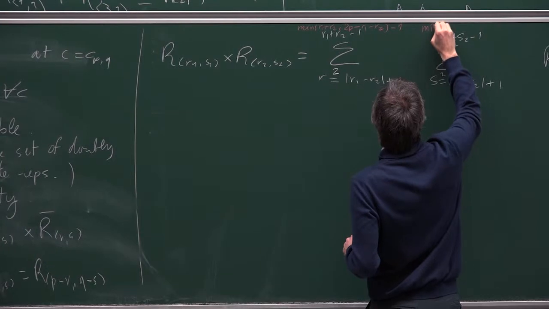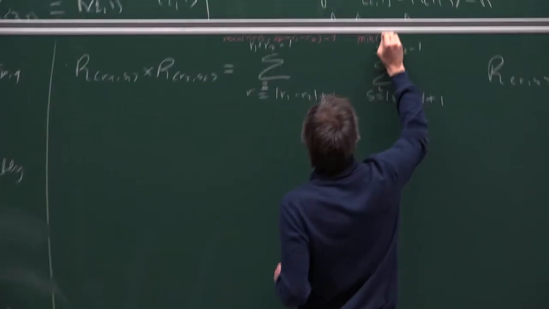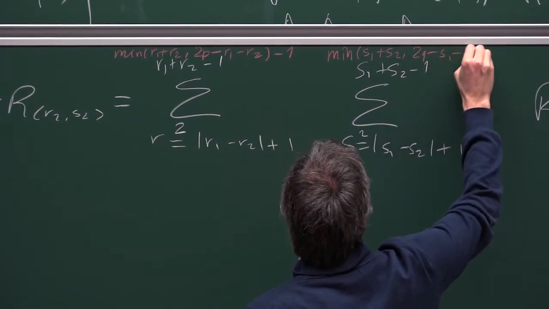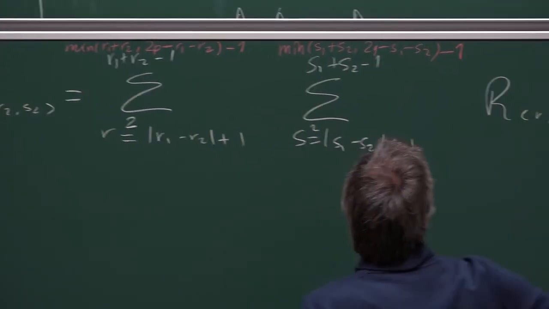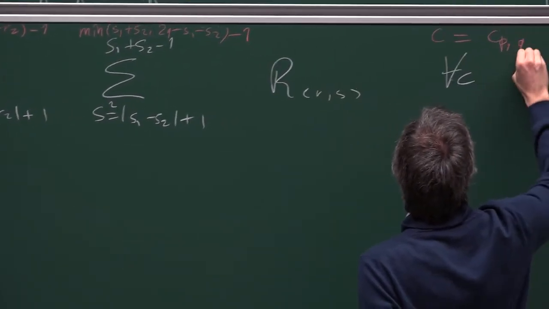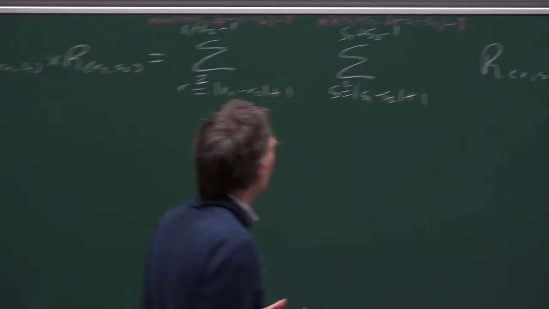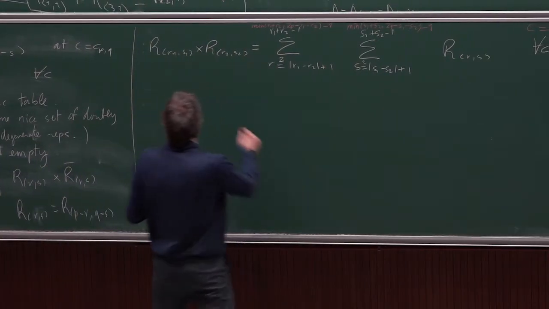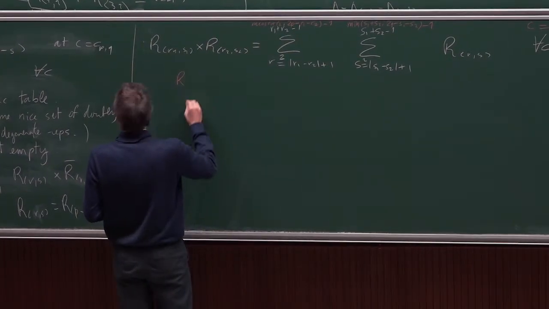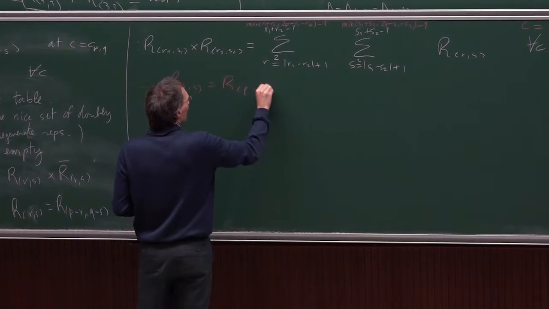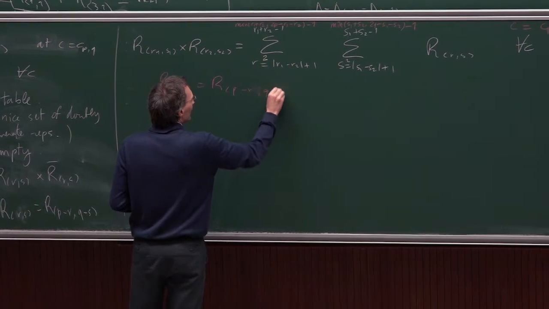And this upper bound becomes the min of S1 plus S2 minus 1 and 2q minus S1 minus S2 minus 1. And that would be for c equals c_PQ, for this specific rational value of the central charge, assuming also the representations are doubly degenerate, R, S equals R, P minus R, Q minus S.